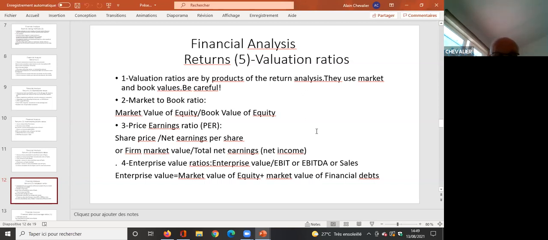So the situation of the economic sector is also an interesting part. It's important to find the PER, but at the end it's not so easy to interpret, and you have to be very careful when you make comparisons over time, or to averages of firms in an economic sector.